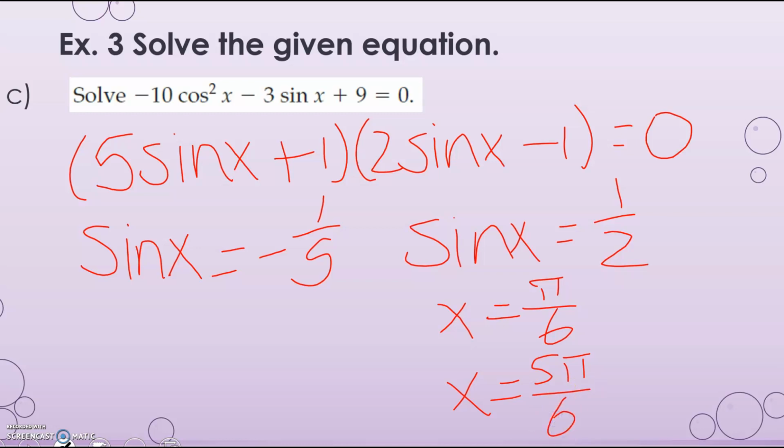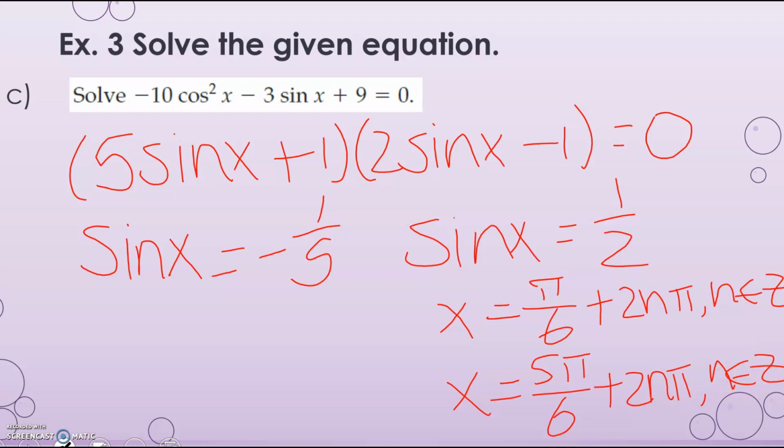Now, there is no restriction on the domain, which means I need to include all the solutions. The period for sine is 2 pi. So we're going to add 2n pi, where n is an element of integers, and plus 2n pi, where n is an element of integers.